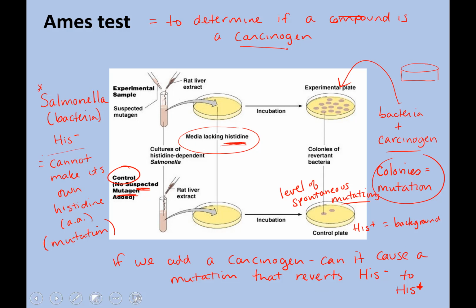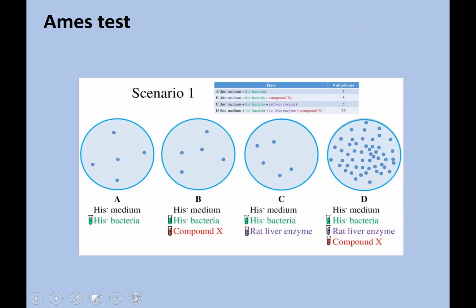So let's look at this a little more. You're really going to have 4 plates. Okay, you're going to have the bacteria by itself, right? And that's for spontaneous mutations. So this is your background level.